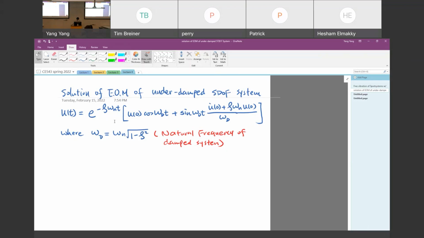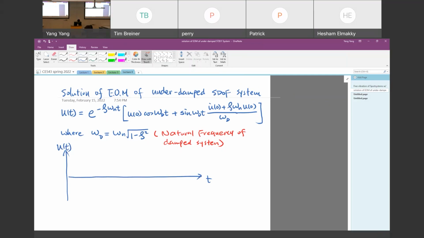So if we show the shape of the function, we will plot the displacement in the time domain.